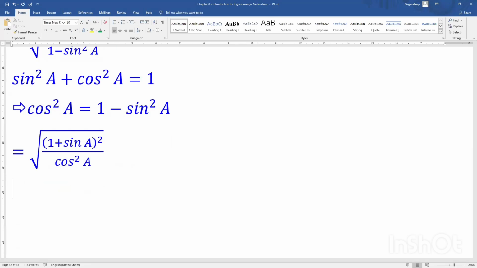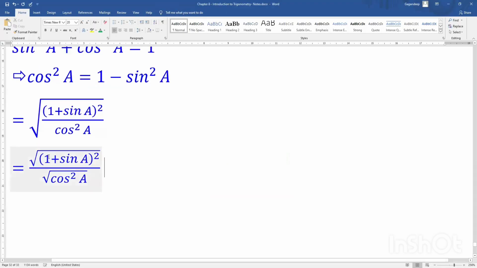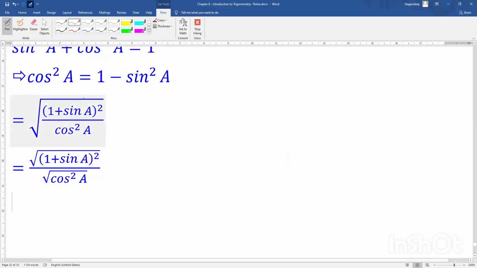If I take the square root of this whole square, the square and square root get cancelled, so it gets neutralized.